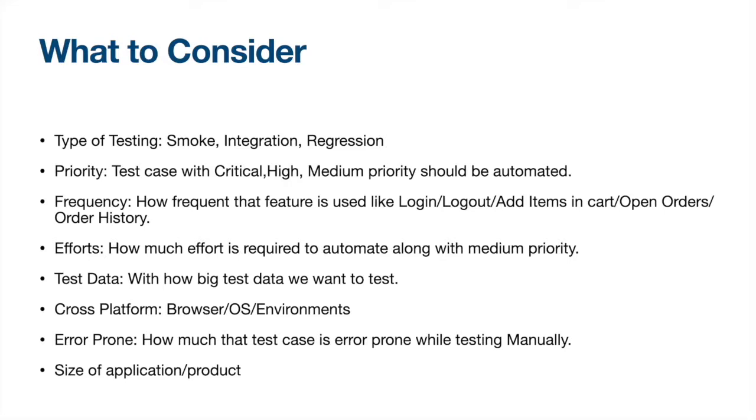Over the period of time, as the size of your application increases, your test suite size also increases, and then you need to refine your test suite. So while choosing test cases, be very careful that you are not covering unnecessary or exhaustive test scenarios in your automation test suites.